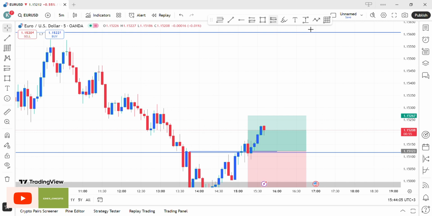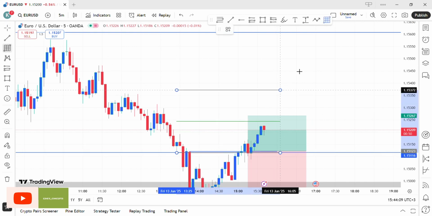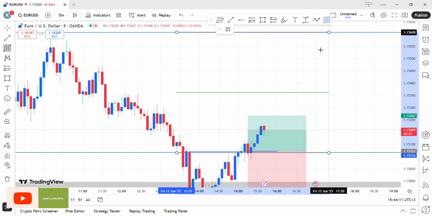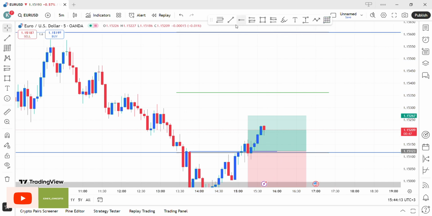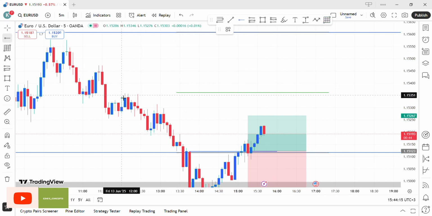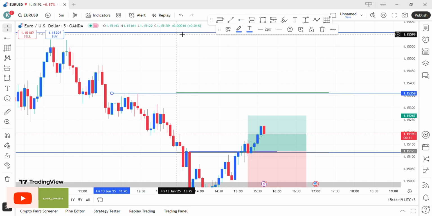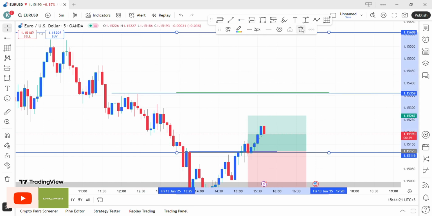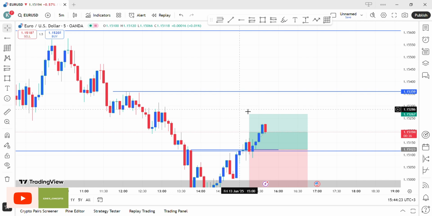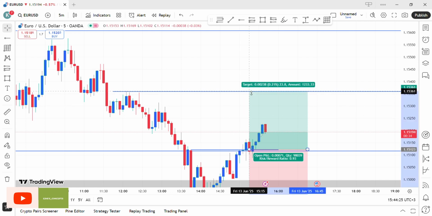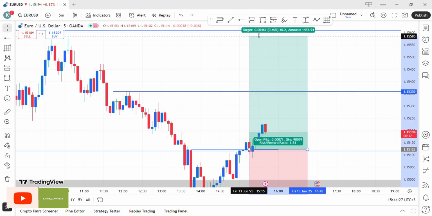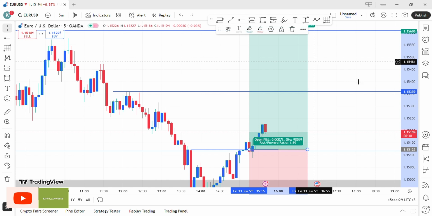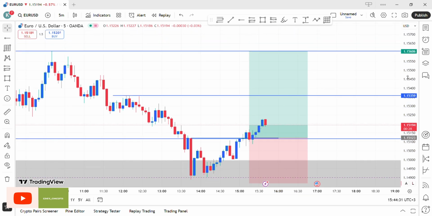Again, you get the 50% of your range using your gun box or your fib. So the 50% of that range is over there. So you're going to get your first take profit at this point, 50%, and then the entire take profit at that point.